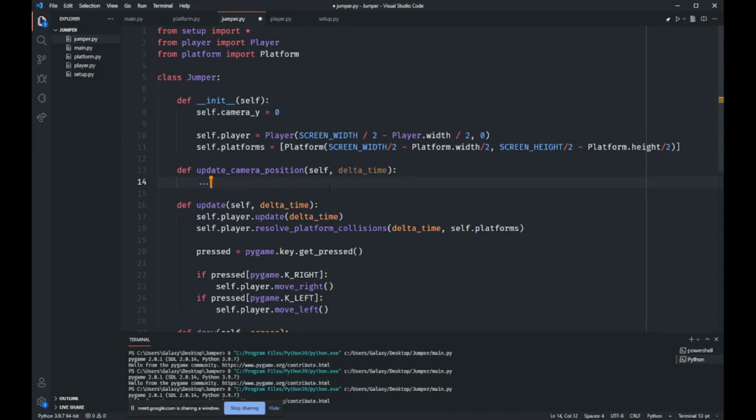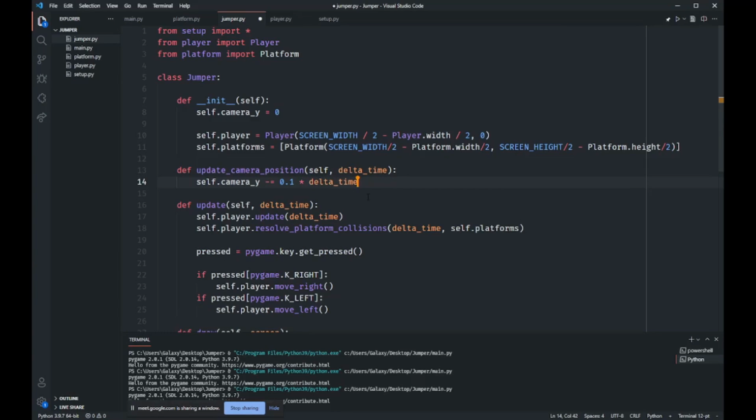And what we're going to do is, as time progresses in the game, we're going to move that camera up. And remember that in our game, the negative direction is up. So negative Y is going to be up, positive Y is going to be down. So we're going to subtract from our camera's position a small value, and we're also going to multiply by delta time.